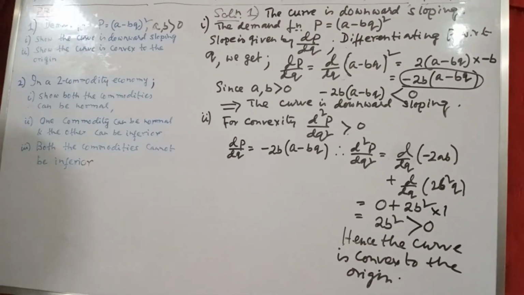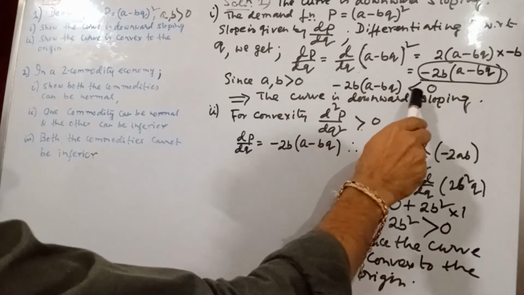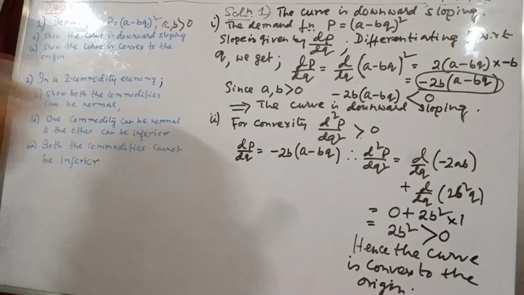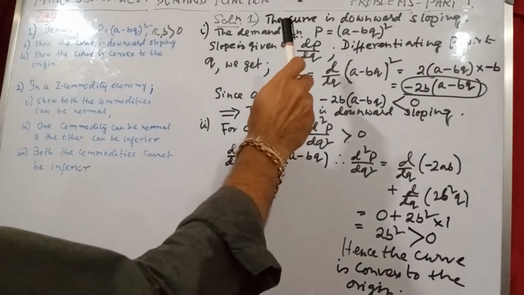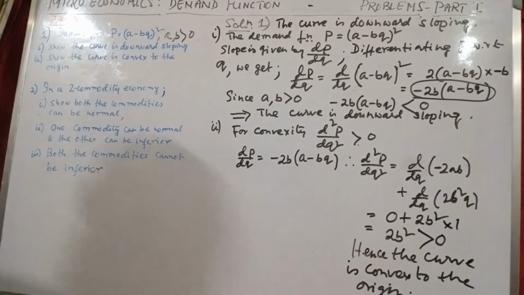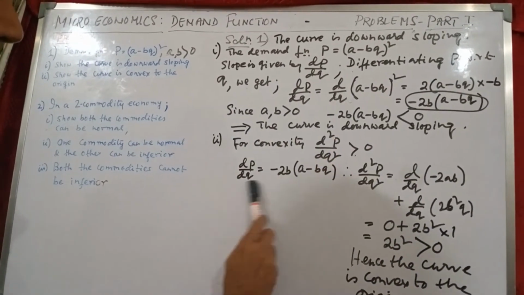We have already found the first order derivative, dp/dq, which is equal to minus 2b into (a minus bq). Now if we differentiate this, we shall get the second order derivative of the original inverse demand function.